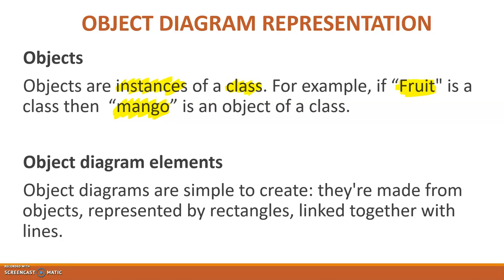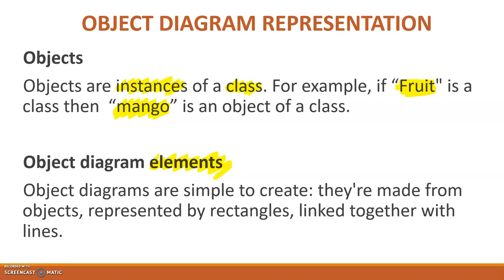When we draw any diagram we require elements, right? Just like in a use case we have an actor, an oval shape for the case, and some lines to show the relationship. In a class diagram we have a rectangle which is divided into 3 sections.